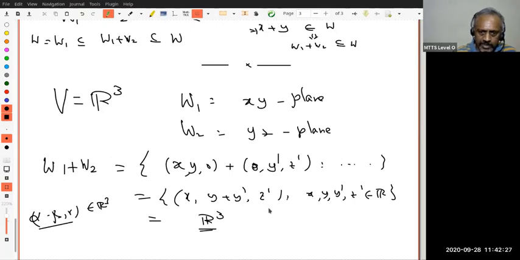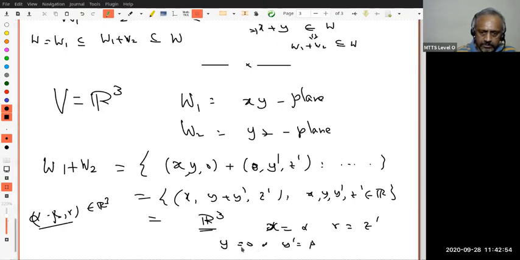What are the unknowns? x, y, y', z'. So I can choose my x to be alpha and gamma to be z' and beta to be any y. For example, I can take y equal to 0 and y' equal to beta.